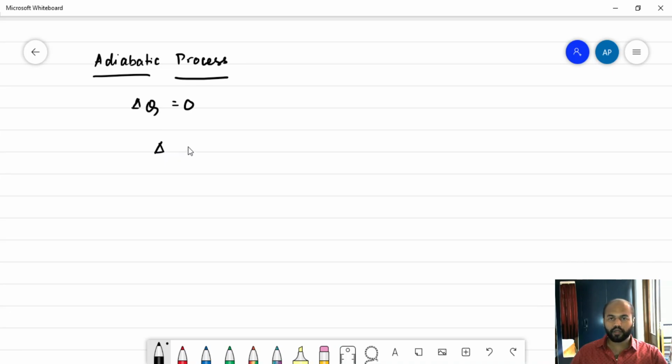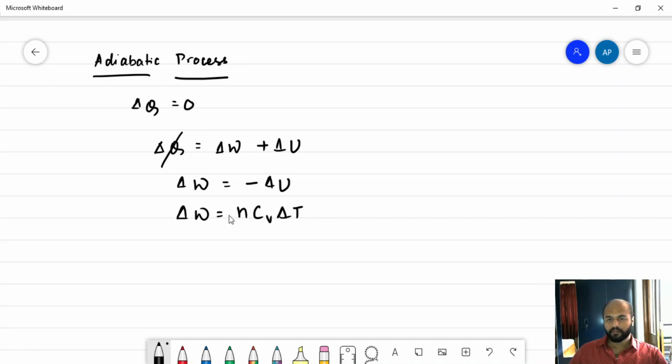Now we know that according to the first law of thermodynamics, delta Q is equal to delta W plus delta U. So if delta Q is 0, delta W is minus delta U, or we can say that delta W would be given by n Cv delta T with a minus sign. Now, if it is 1 mole, then we can write the expression as delta W is minus Cv delta T.